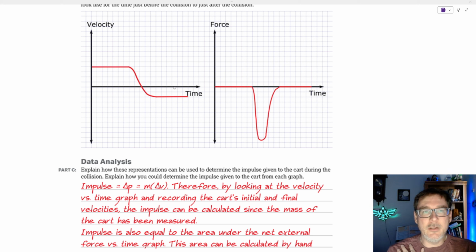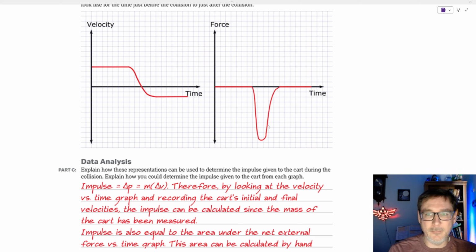But what you need to do is make sure the force is applied during the time of impact. The time of impact, if you were to count the squares, should start at the same number of squares, and it should end when the velocity became constant.